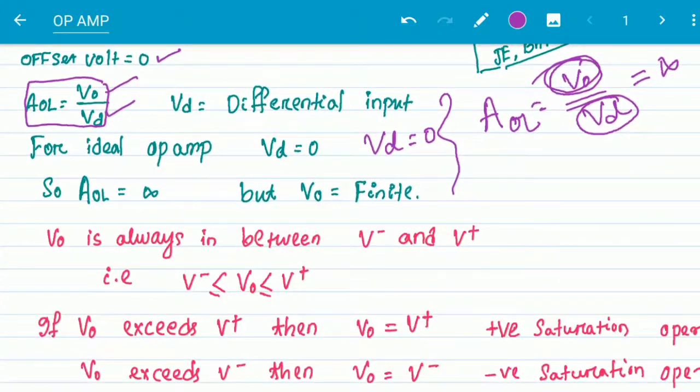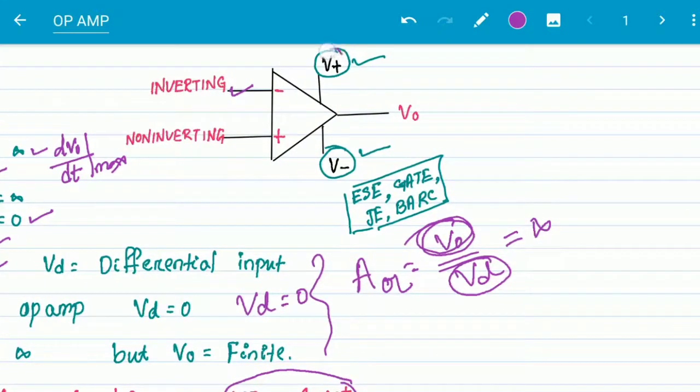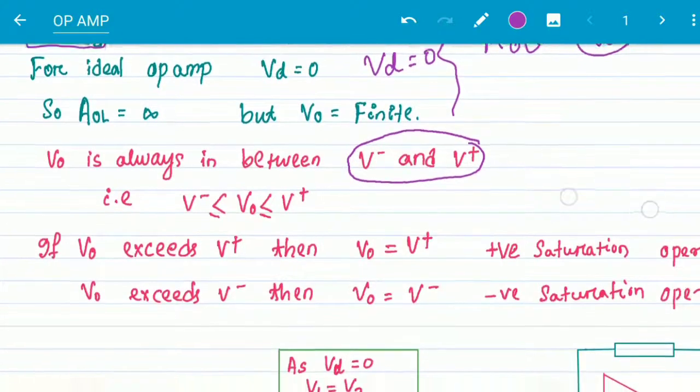Next, we have to consider that V0, the output voltage, is always in between the positive saturation voltage and the negative saturation voltage. If we calculate an output voltage which exceeds the positive saturation voltage, then the answer, that is V0, will be the positive saturation voltage. And if V0 exceeds the negative saturation voltage, then the answer will be the negative saturation voltage. This is one thing we have to consider.